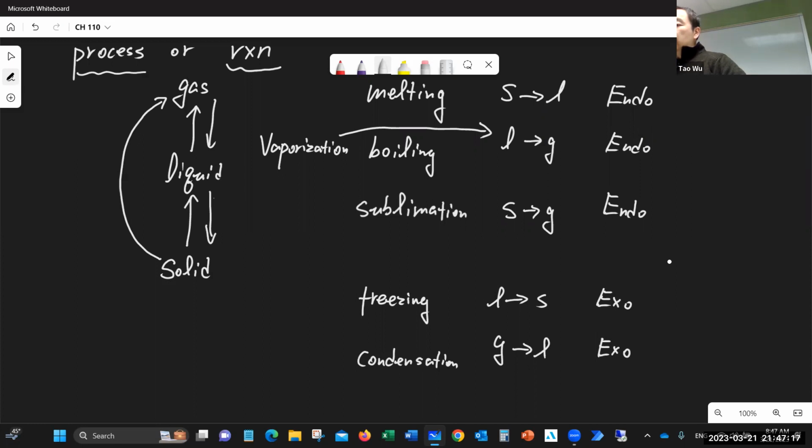The last one is called deposition. Deposition means directly from gas to solid, and this is also an exothermic process. For sublimation, an example is dry ice.